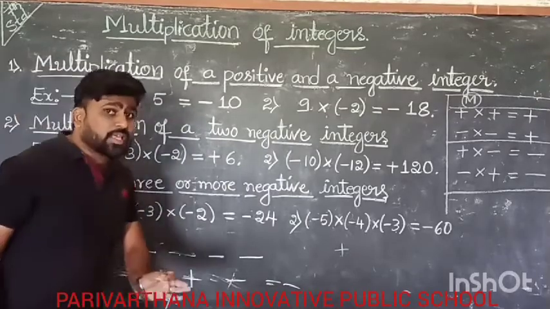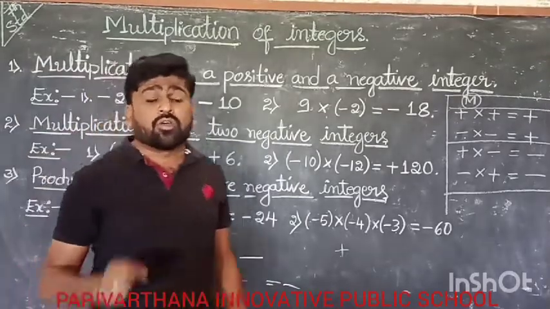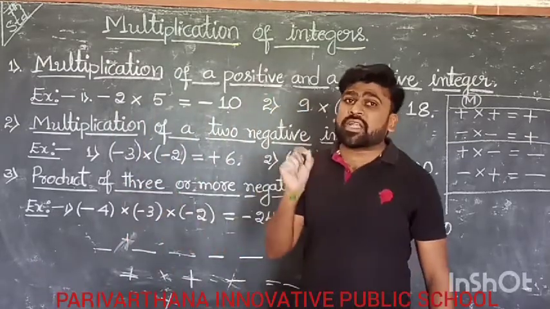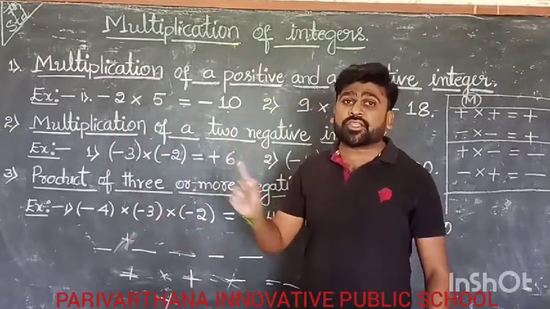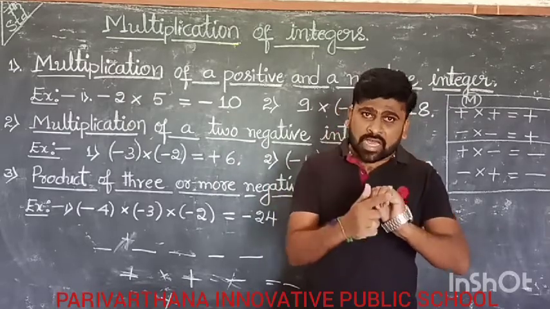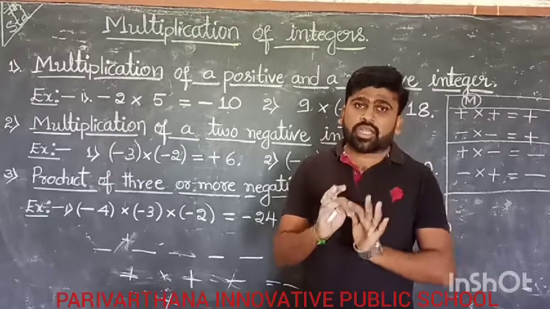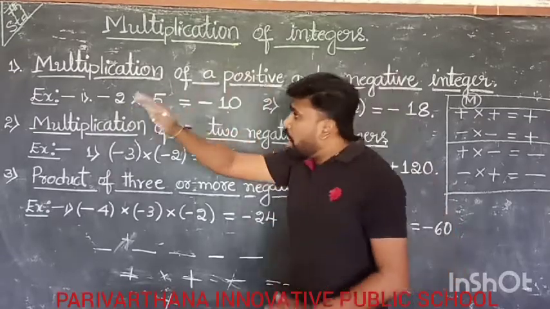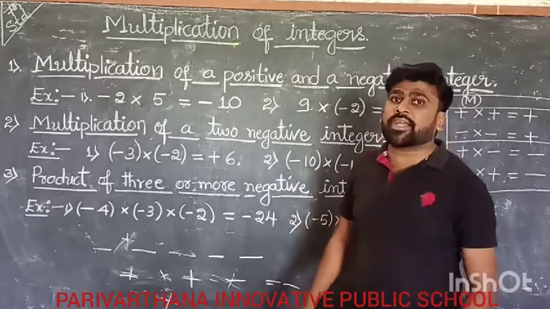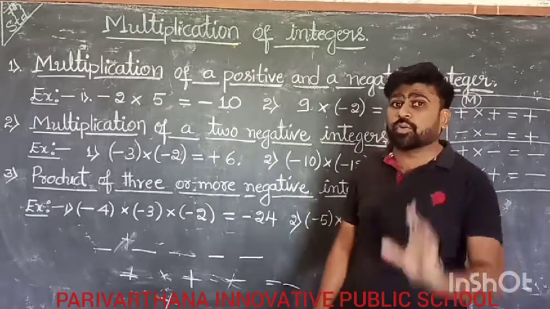Understood? One thing you have to remember: for the multiplication of an odd number of negative integers, 1, 3, 5, 7, 9, 11, 13, 15, like that, the answer is always negative. This is your clue. Clear?